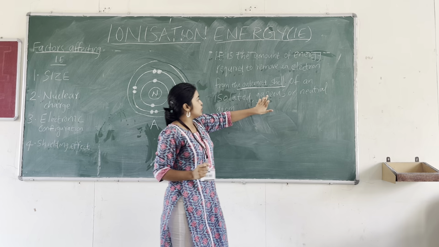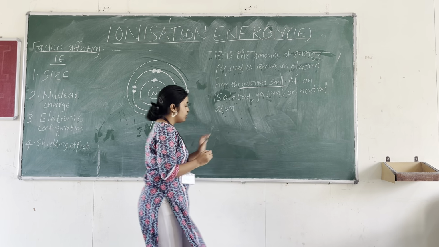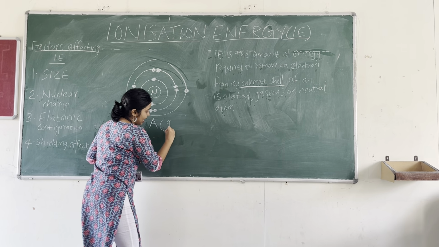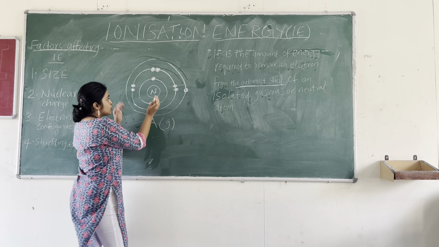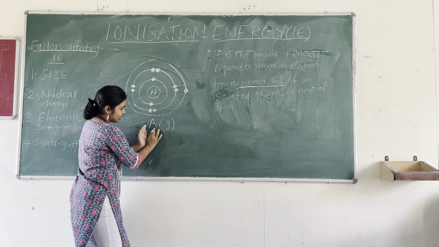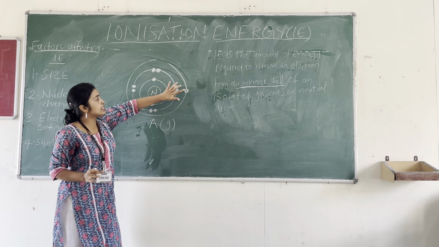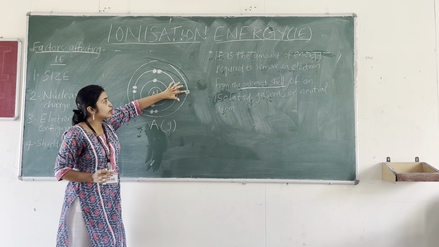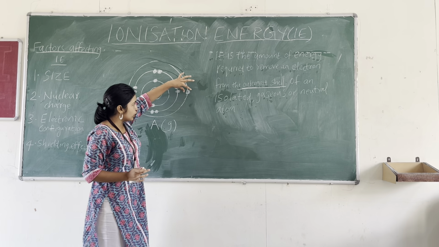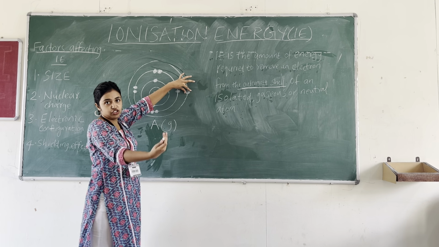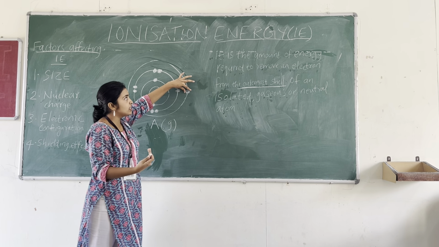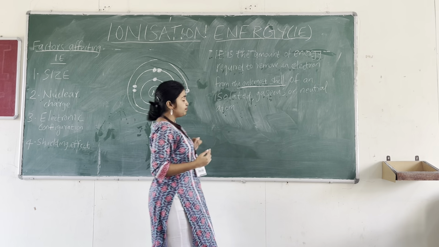And the next condition is it should be gaseous in state. So we can write A is in gaseous state. So this is the atom which is isolated, in gaseous state. From this atom, this is the outermost shell. We have to remove this electron. For removing this electron, we have to give energy. So that energy is known as ionization energy.